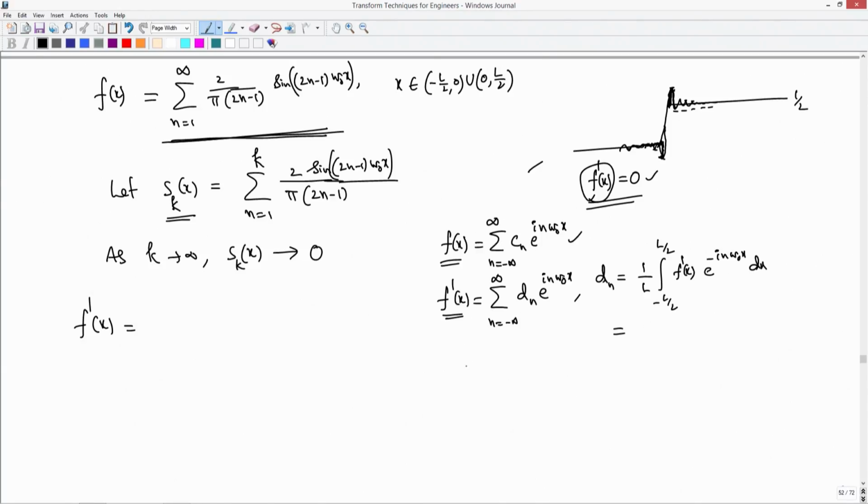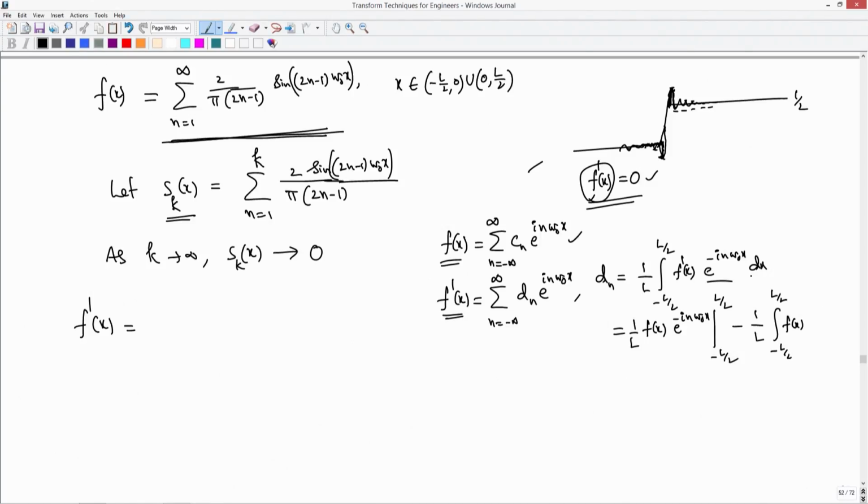Now, if you do this integration by parts here, what you get is f(x) e^(-i n ω0 x) times 1/L, and you substitute the limits, and you have a minus 1/L integral from -L/2 to L/2 of f(x).